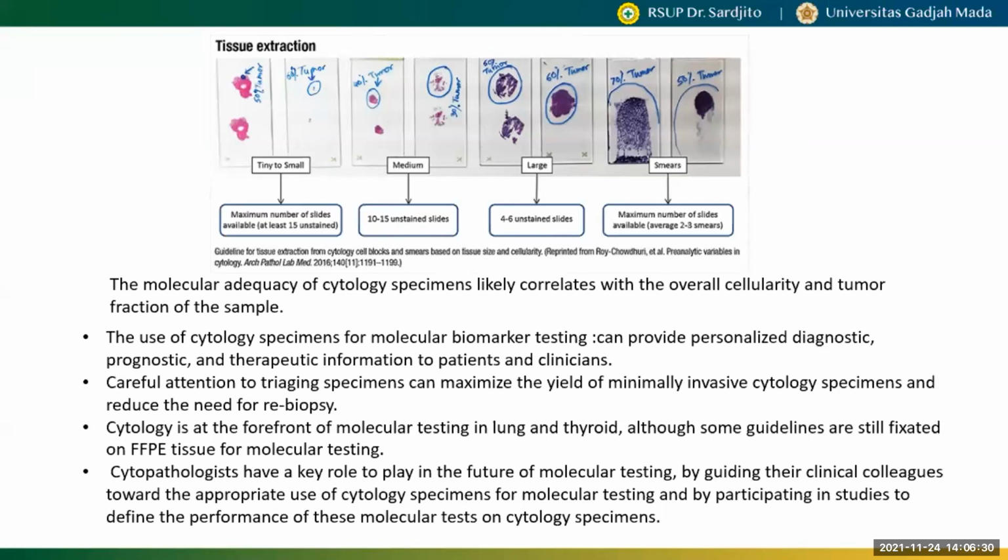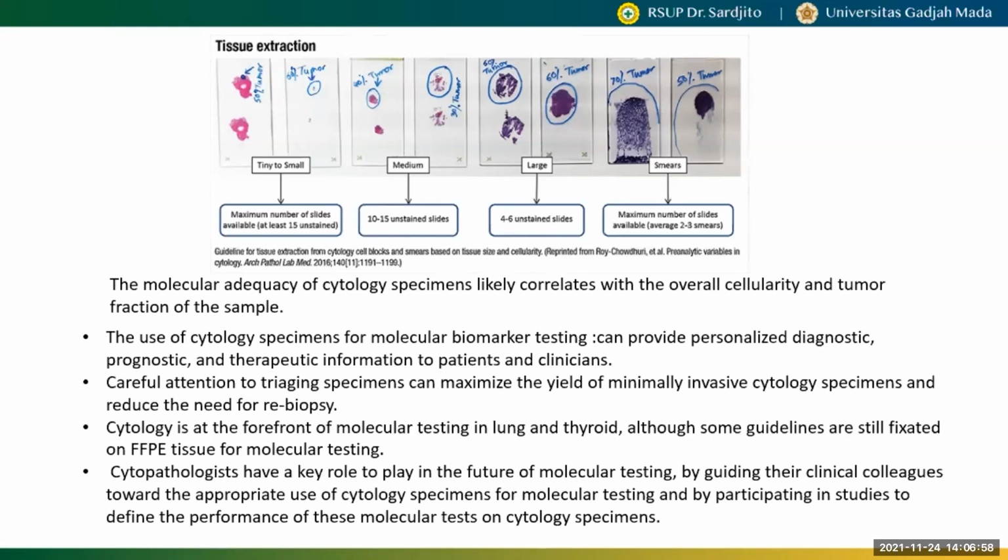As in our experience, it is usually common to use this cytology type for molecular examinations for non-small cell lung carcinoma. So it is very useful for the clinicians and the patients. Careful attention to triaging specimens can maximize the yield and minimally invasive cytology specimens to reduce the need for the rebiopsy.